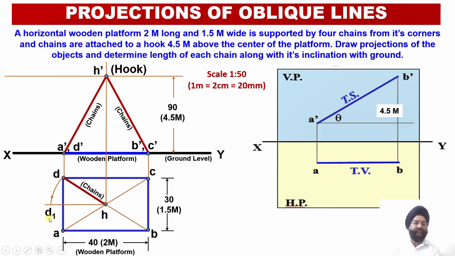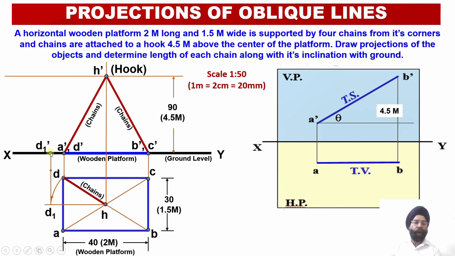So from point D1 we are going to draw one vertical projector upwards up to the horizontal locus line which is emerging from the point D dash over here. So this is my point D dash. Through this is the horizontal locus line emerging from the point D dash, and wherever these two locus lines intersect, we will obtain the point D1 dash over here in the elevation.